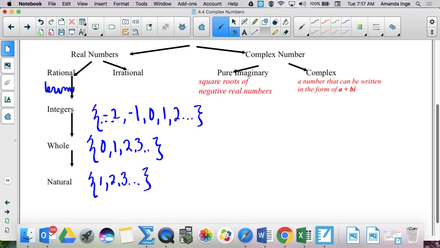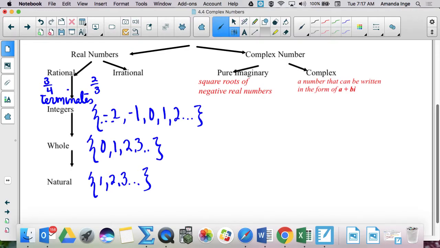So if it terminates, it would be something like 3/4. If it repeats, of course, it would be like 2/3. So the rational numbers are numbers that can be expressed as the quotient of two integers.